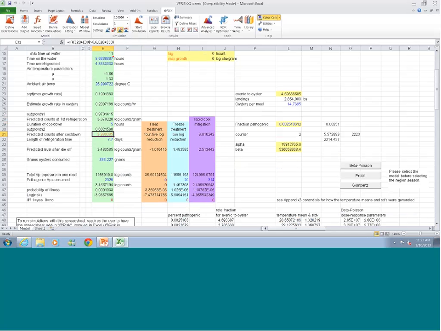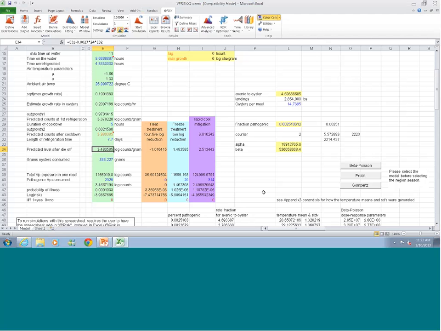Now, the oysters remain in refrigeration for some period of time. For this particular example that we're looking at, they were refrigerated for 7.7 days before they were consumed. During that time, there was some die-off. So we've been describing a lot of predictive microbiology here. That's one of the reasons that I've chosen a microbial risk assessment.